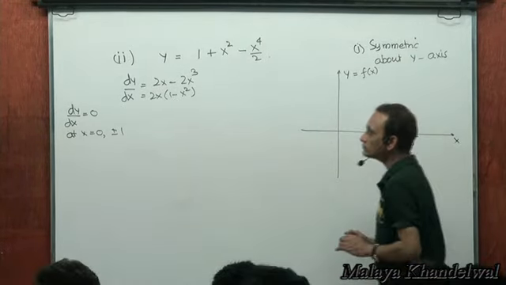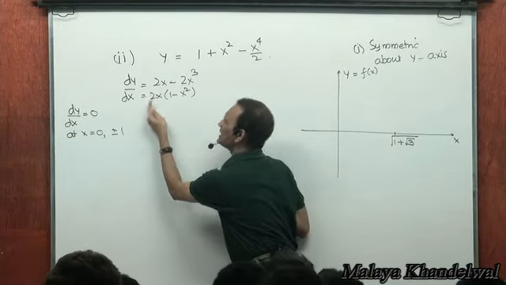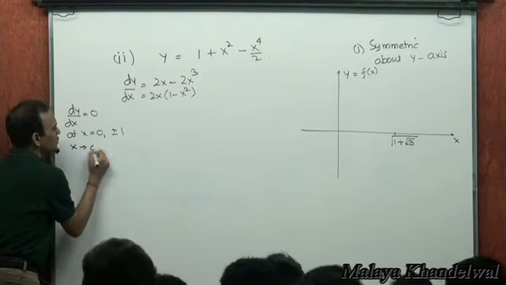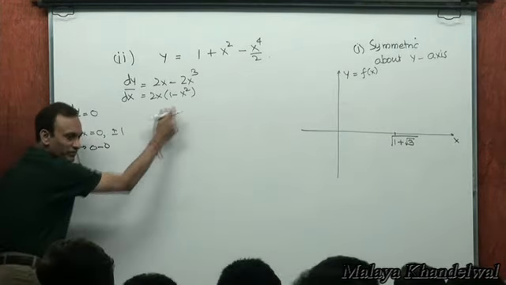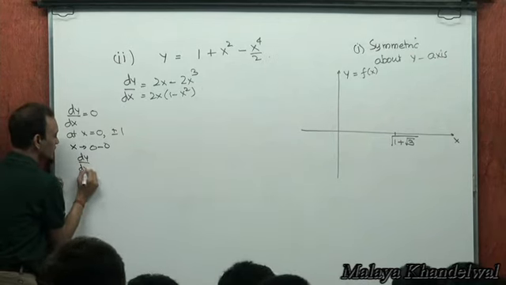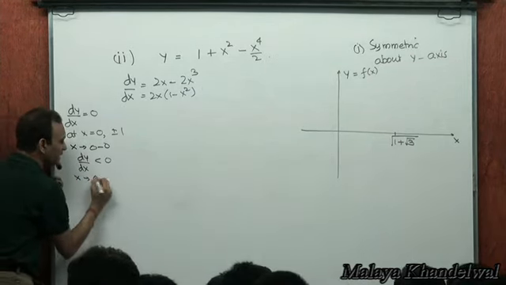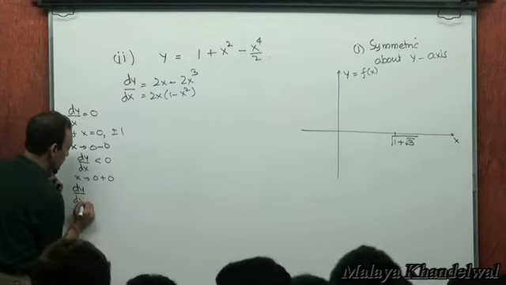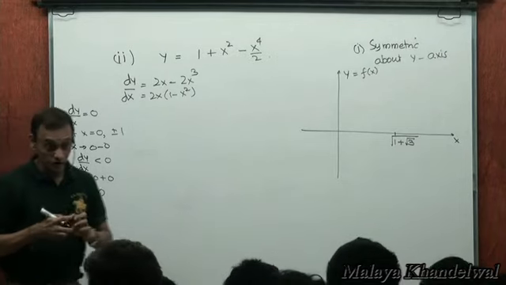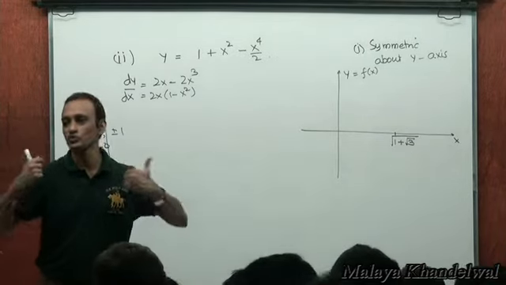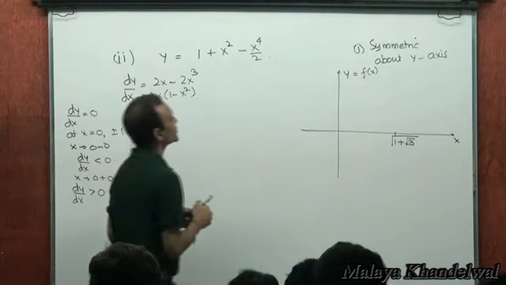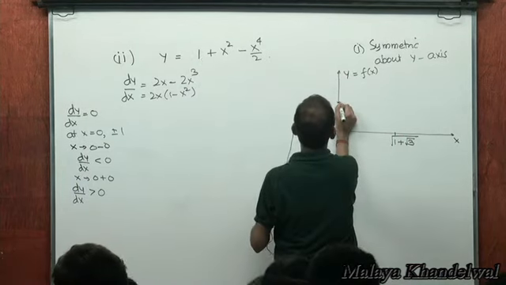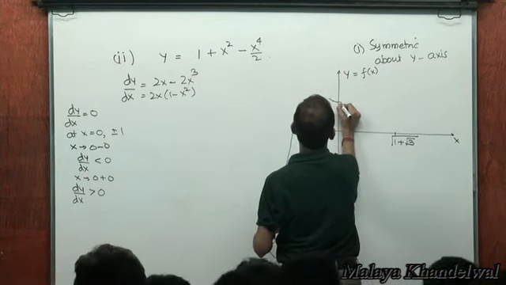When x is 0, dy/dx is 0. When x is slightly less than 0, dy/dx will be negative. When x is slightly greater than 0, dy/dx is positive. Therefore, x equal to 0 must be a local minima. Very good. And the value of y at x equal to 0 is 1, so at x equal to 0, y is 1 and it must encounter a local minima.